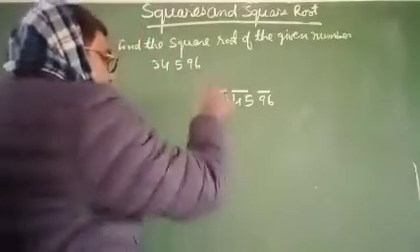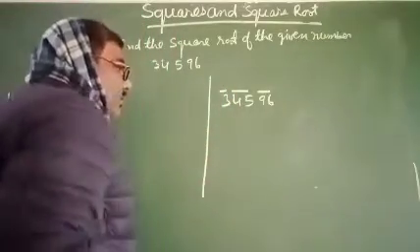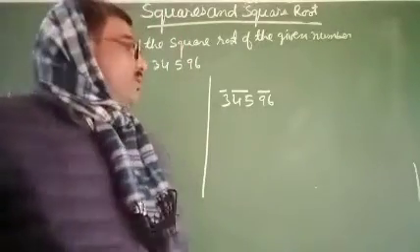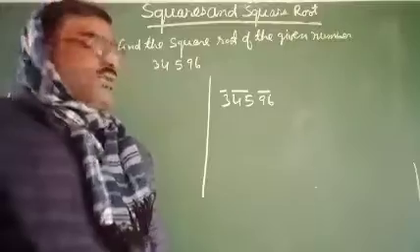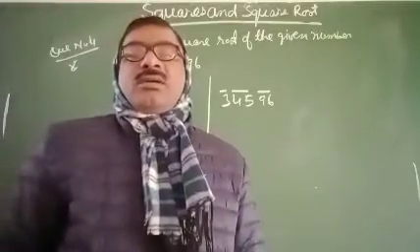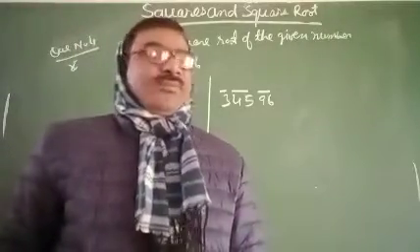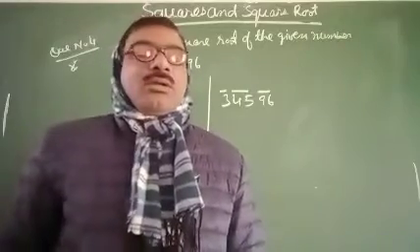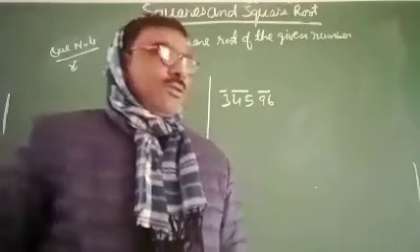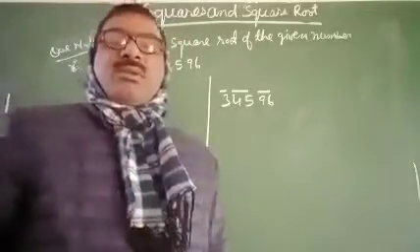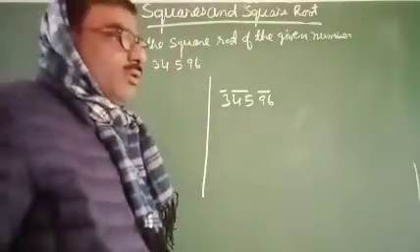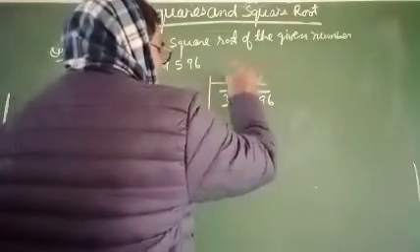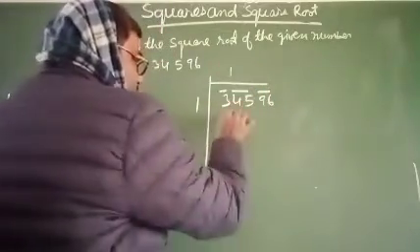So first of all, I will find the number whose square is 3, or just less than 3. Dear students, as you know, 1 is the number whose square is 1.